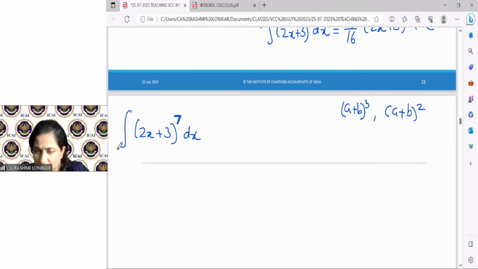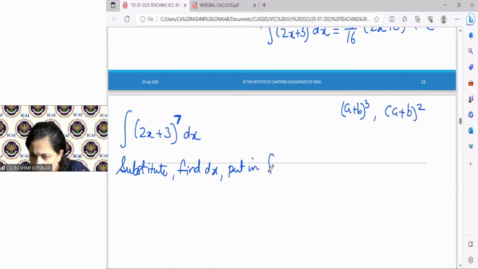So what I do is I say substitute. What are the steps? Substitute, find dx, put in integral, solve, resubstitute, get the answer.